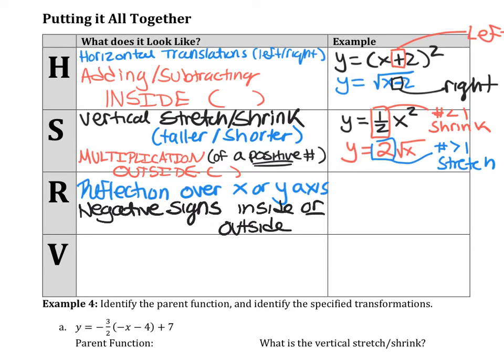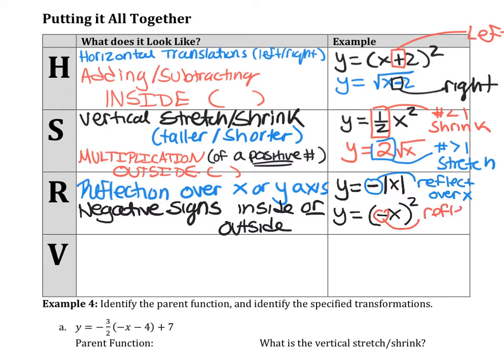So if we had a negative on the outside, that is when we reflect over the x-axis. And if we have a negative on the inside, we reflect over the y.